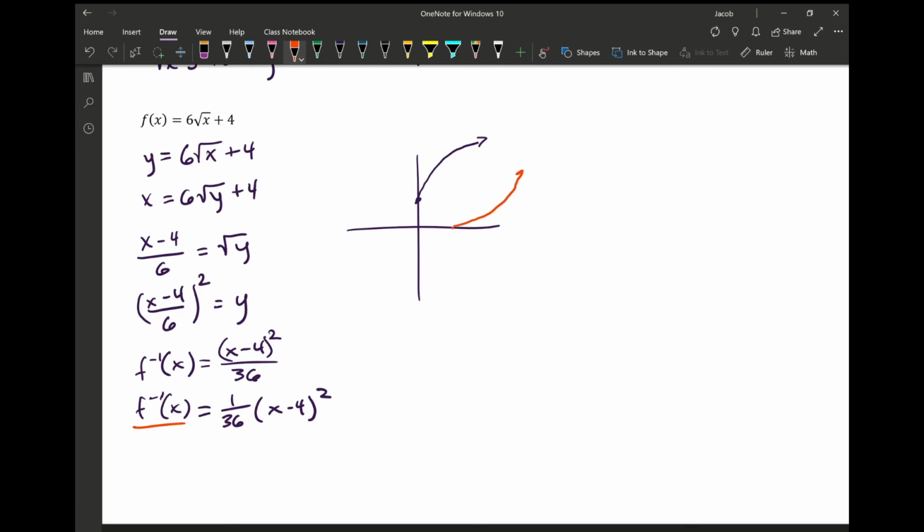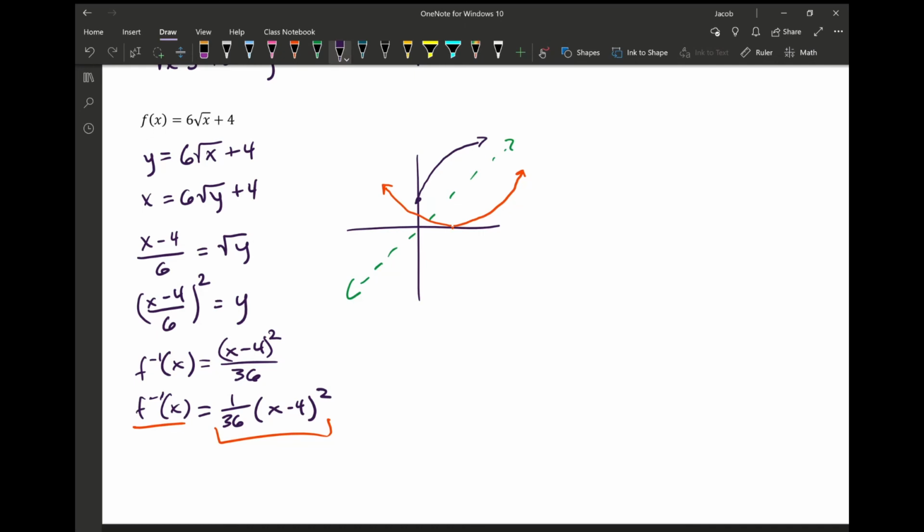And it'd be cool if this equation just meant that right piece, because the right piece of that quadratic does reflect well across the y equals x line, but it doesn't. It has the left piece as well. So if you are ever in this situation, then for your answer you need to restrict the domain.